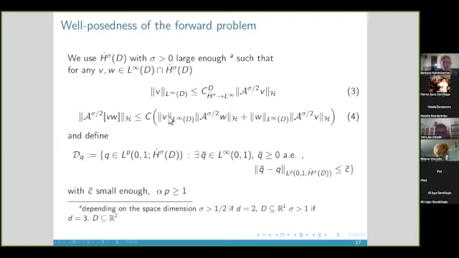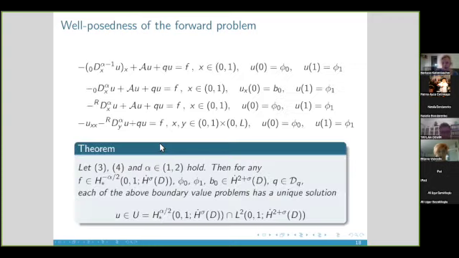And also we have a certain Banach algebra property in the sense that if you multiply two such functions, they are again in this H sigma space. Okay, that's basically the existence theorem.